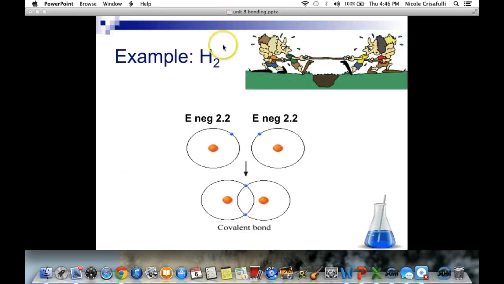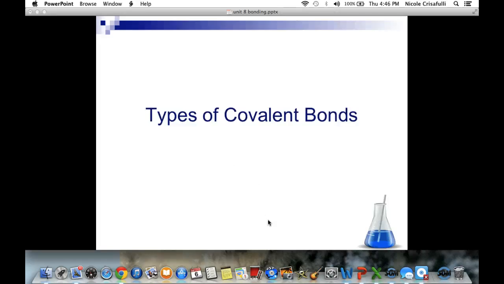Another example is going to be hydrogen. Now, when hydrogen makes diatomic hydrogen, which is H2, since their electronegativities are the exact same, they're actually going to be in what we like to call a tug of war, an equal tug of those electrons, so that when they make that covalent bond, no one electron or one atom is pulling more than the other. Those electrons are being shared completely evenly.